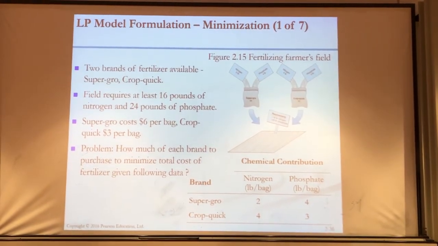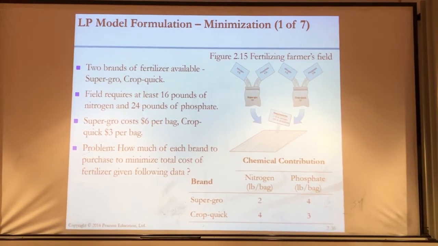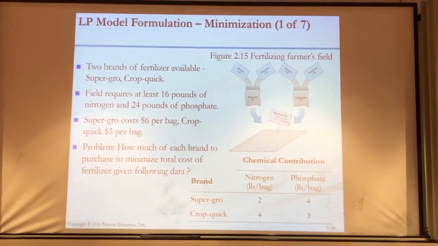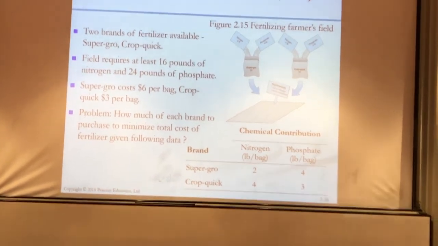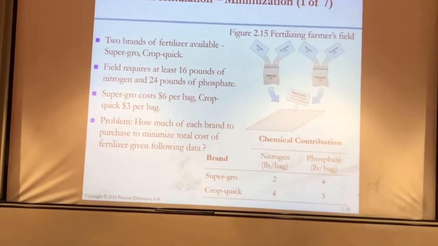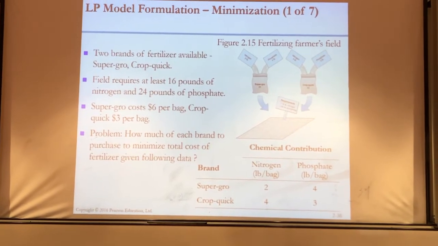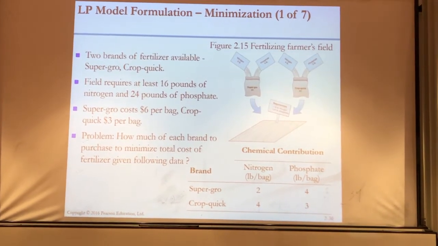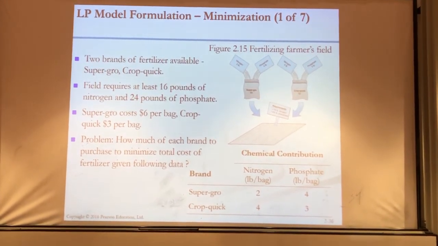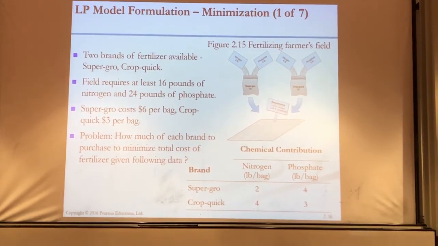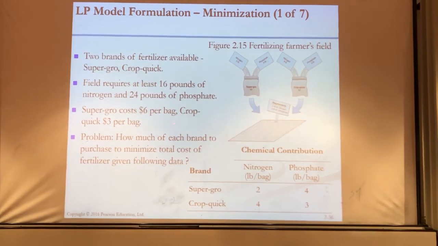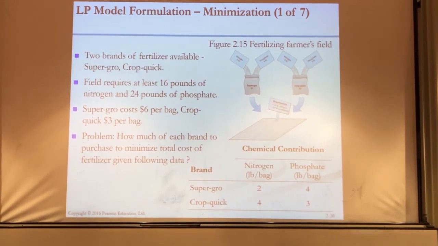What do you think? What are our decision variables? The number of bags of Super Grow we have to buy, and the number of Crop Quick bags to buy.